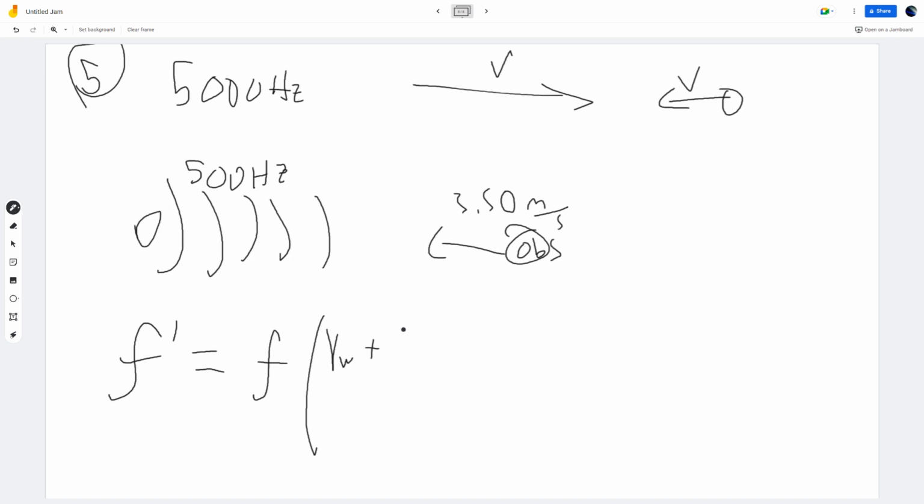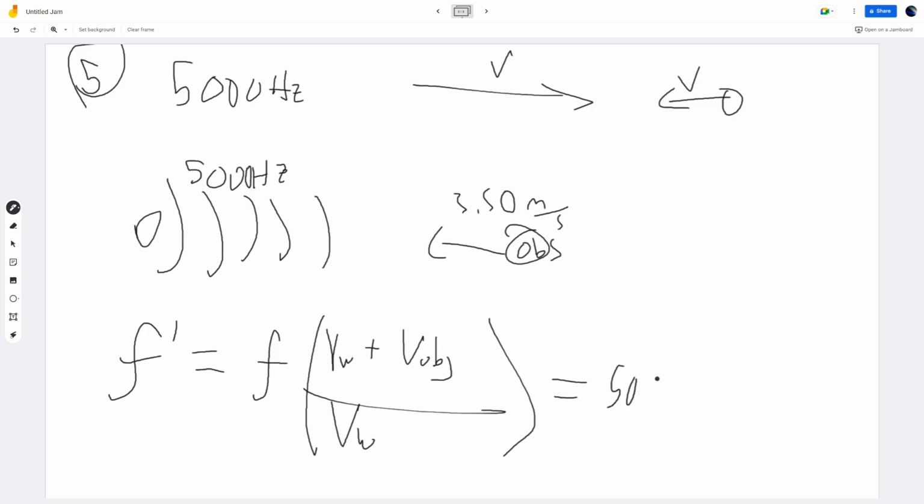So we're adding v object over v wave because the source is stationary. We're going to assume that v wave is 343 meters per second, which is the speed of sound through air at 20 degrees Celsius at sea level.